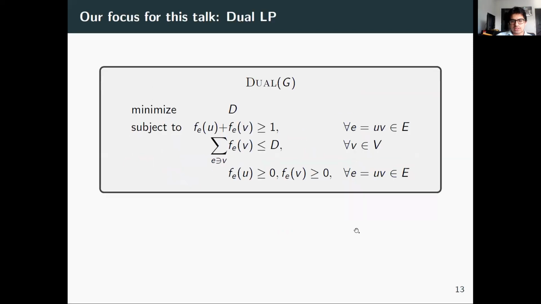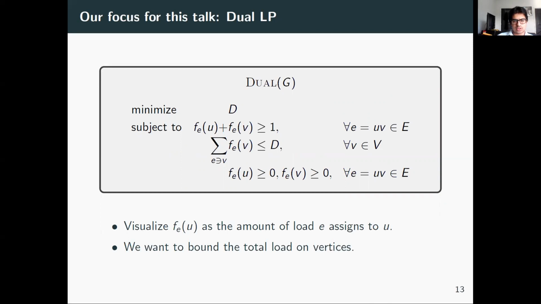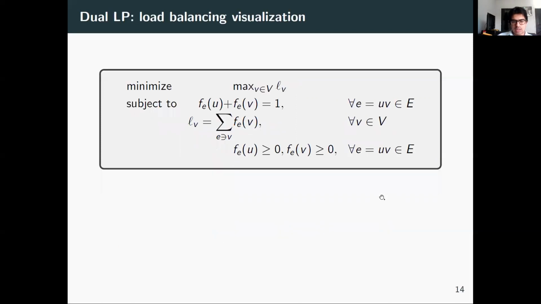And the way we'll visualize this dual problem is as follows. Let feu be some kind of load that the edge e assigns to its endpoint u. And what we want to bound is this total load on vertices. No vertex should have load more than d, and we want to minimize this d, right?